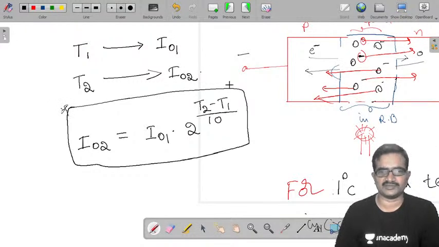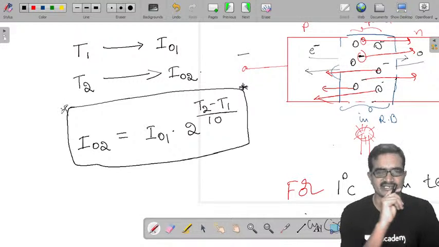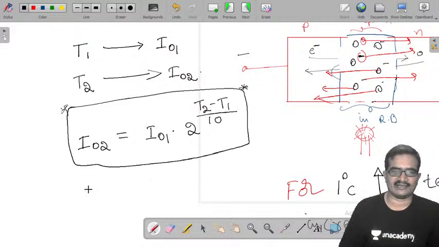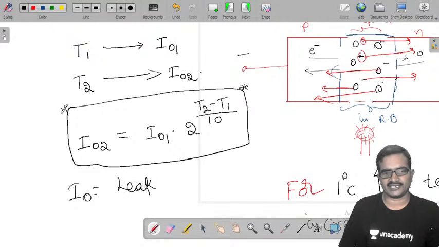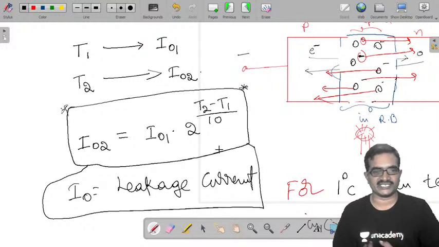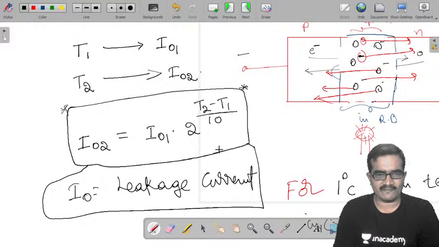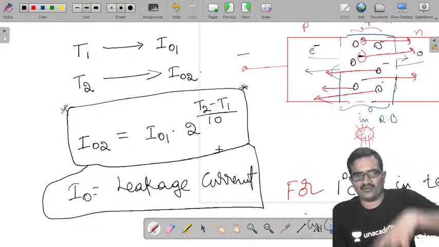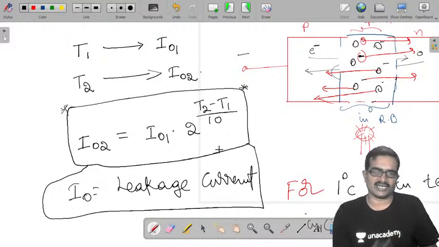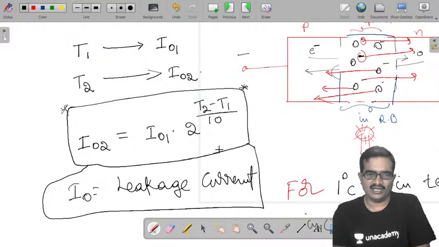Now, I naught seems to be very small, but the effects of this are very high. So saturation current, simply for your better understanding, is leakage current. Now, you know how much leakage disturbs us in our life. We are expecting free flow of water. Once the tap is closed, we are expecting no movement of water, not even a single drop. For example, drop by drop water is coming out.